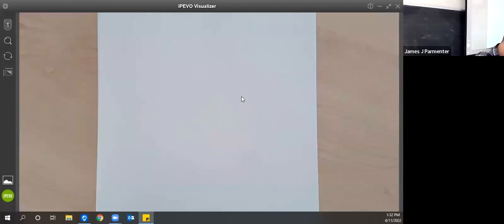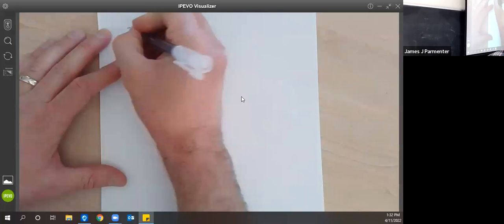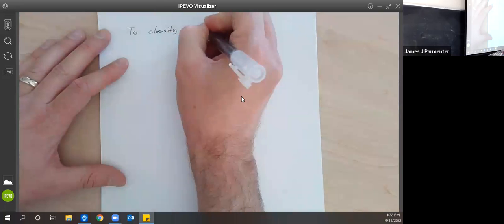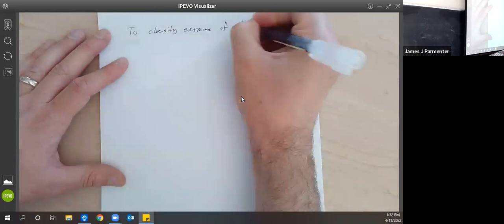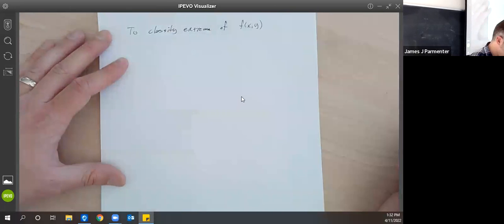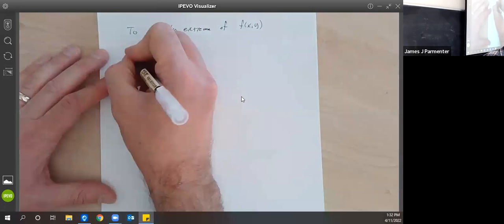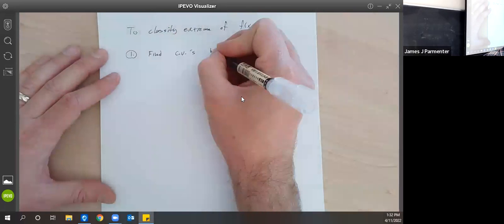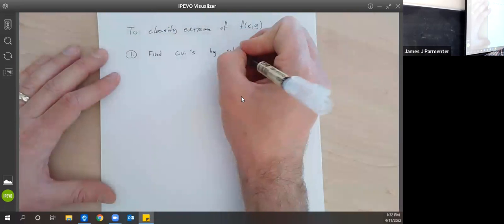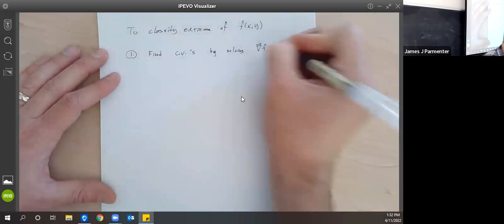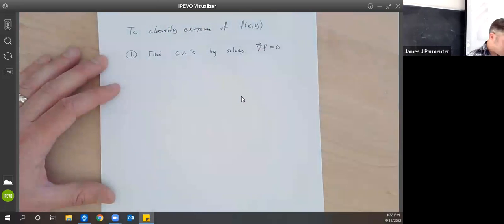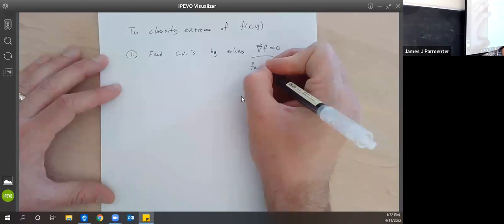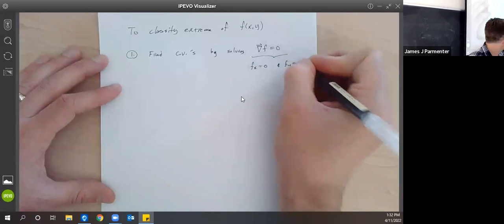Okay. So to classify extrema of a function of x and y, we first find the critical values by solving where the gradient is equal to 0. Although in practice, we usually think of it as just setting each partial equal to 0.